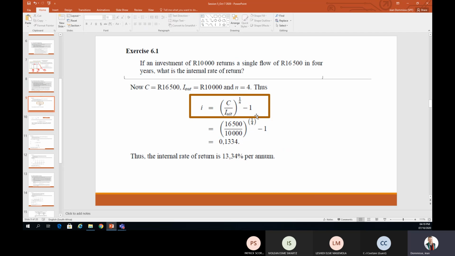Also, I tested this on the calculator, and then you can use it on the calculator as well. I just want to check if this one was the one that I tried on the calculator.